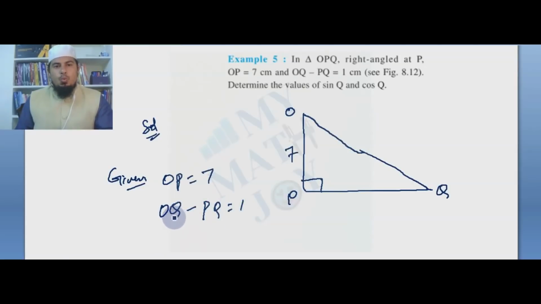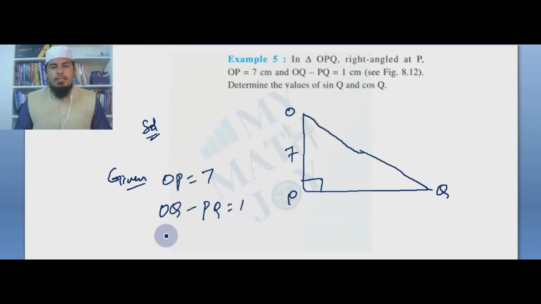As OQ we don't know, PQ we don't know, there are two unknowns. Can we make these two unknowns and represent them in one unknown form? Because the more unknowns there are, the more difficult the technique becomes.